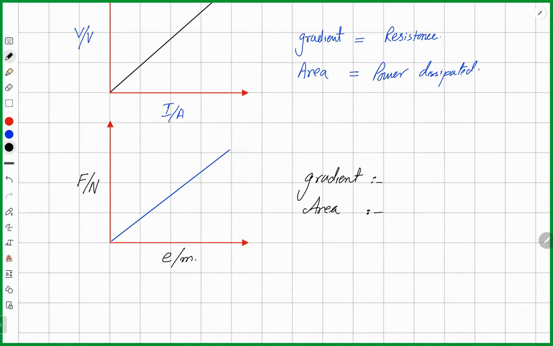Mariam Imran. What do you think, Mariam? What do you think in this case? What will be the gradient of this graph? I'm not sure, sir. Okay, Naba? So we have the formula F equals kx.